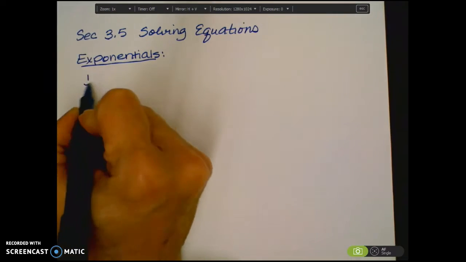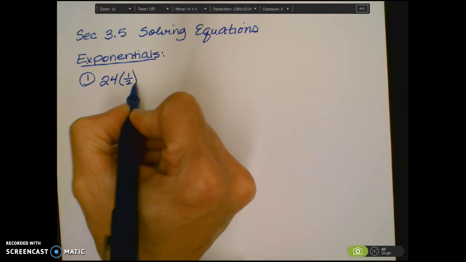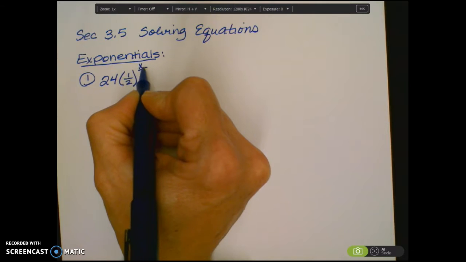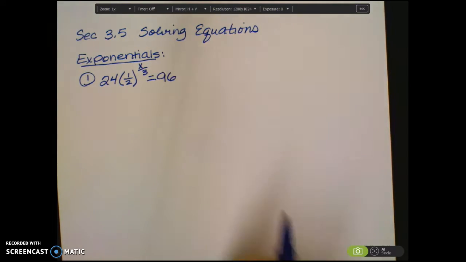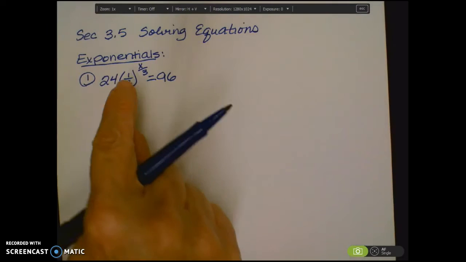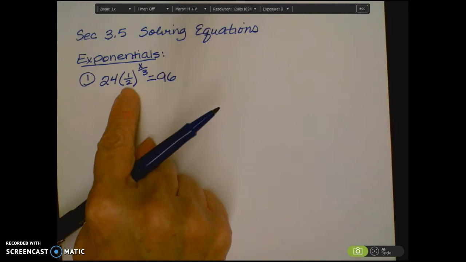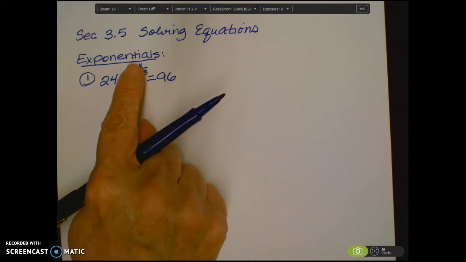All right, our first example, 24 times 1/2 raised to the x over 3 power equals 96. With an exponential equation, you want to start by isolating the base and the exponent, which means in this case, on the left side, I only want to see this base of 1/2 and the exponent x over 3.